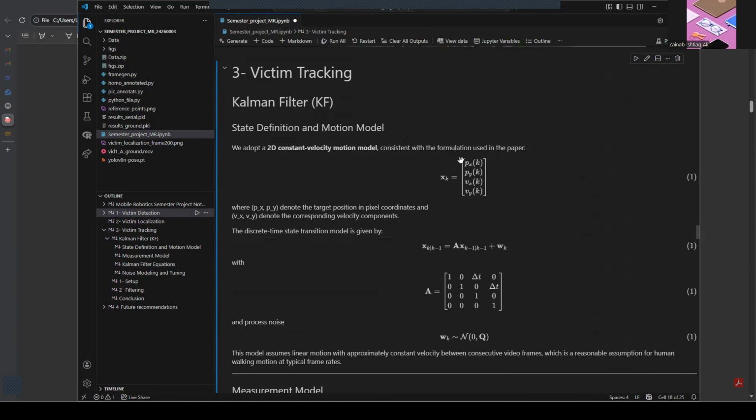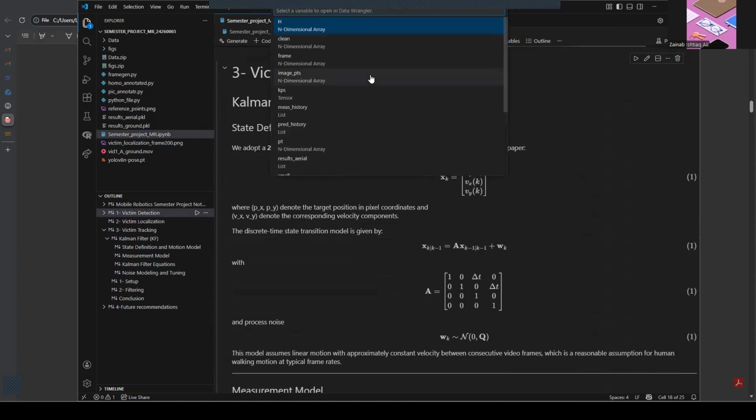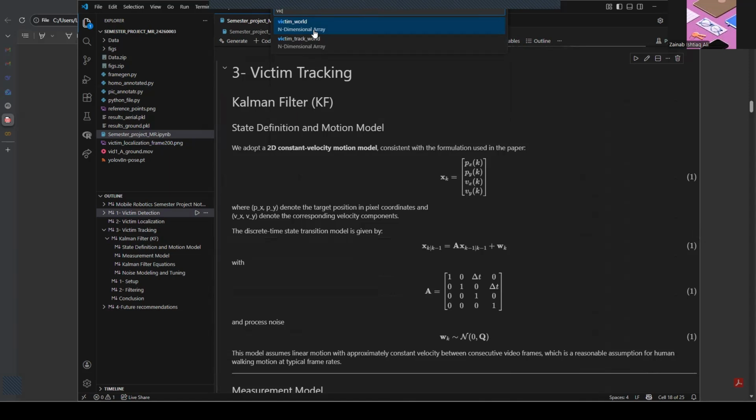So first off is the state definition and our motion model. The motion model we'll be employing is a 2D constant velocity motion model. And you might be wondering, where are we getting velocity from? Because we only have the coordinates x victim and y victim. Over here, if you check in your data, you can see that we had our victim world coordinates.